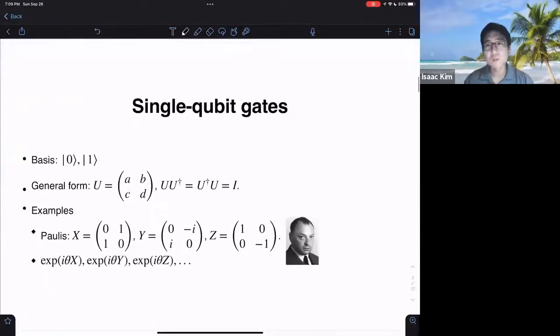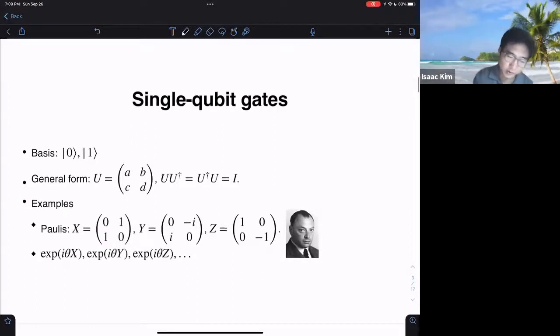So we've already talked about the single qubit gates. We use the standard basis, and it's just a 2x2 unitary matrix. And of course, there are all sorts of single qubit gates you can consider, but in quantum computing, a very useful set of single qubit gates are the Pauli operators.